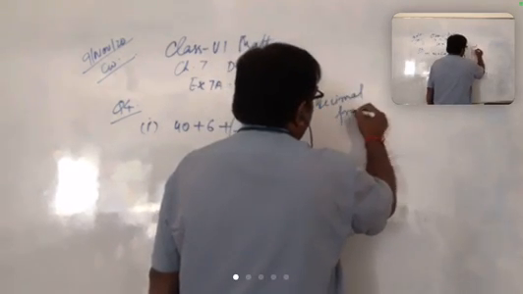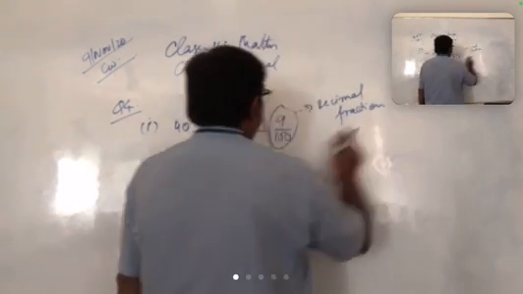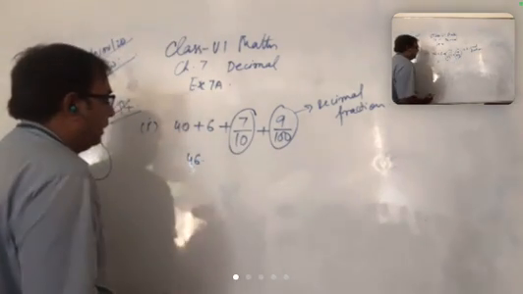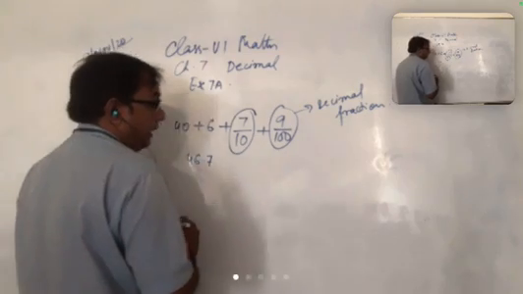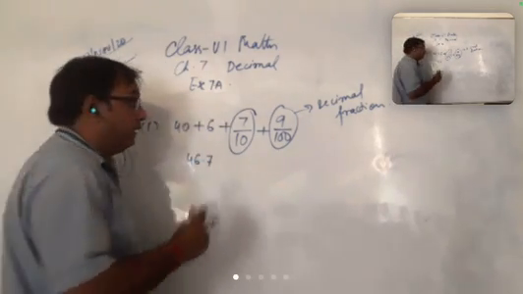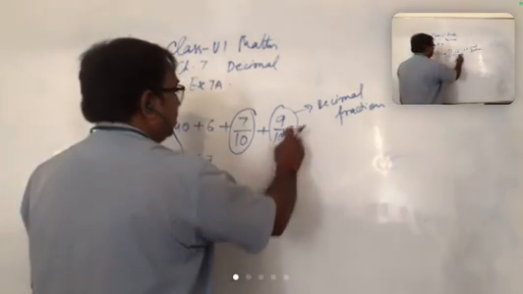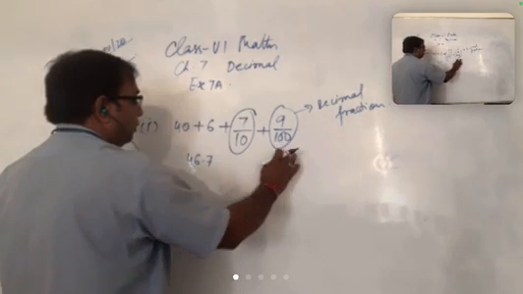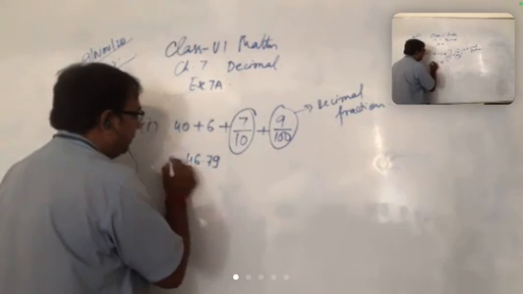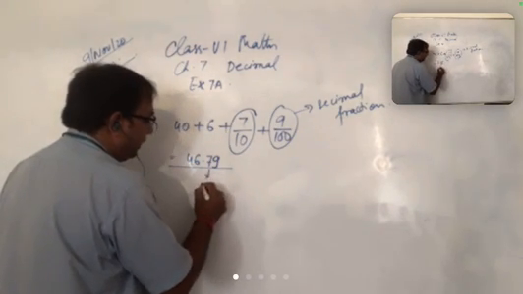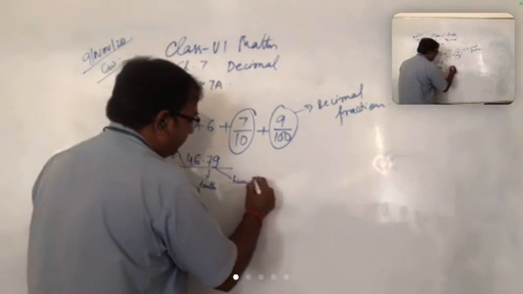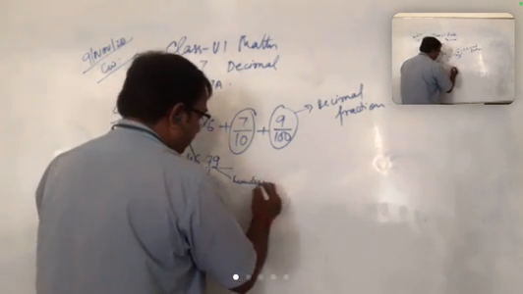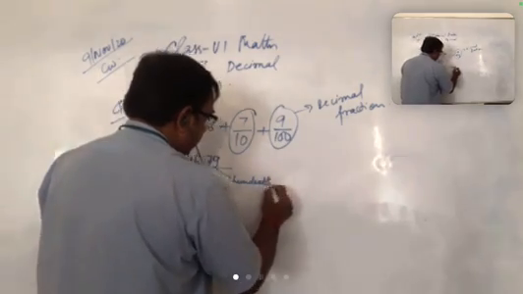So this is 7 tenth, and now we have to write it at the tenth place, not the ten place. Now this is 9 hundredth, so 9 comes here. This is the tenth place, and this is the hundredth place.